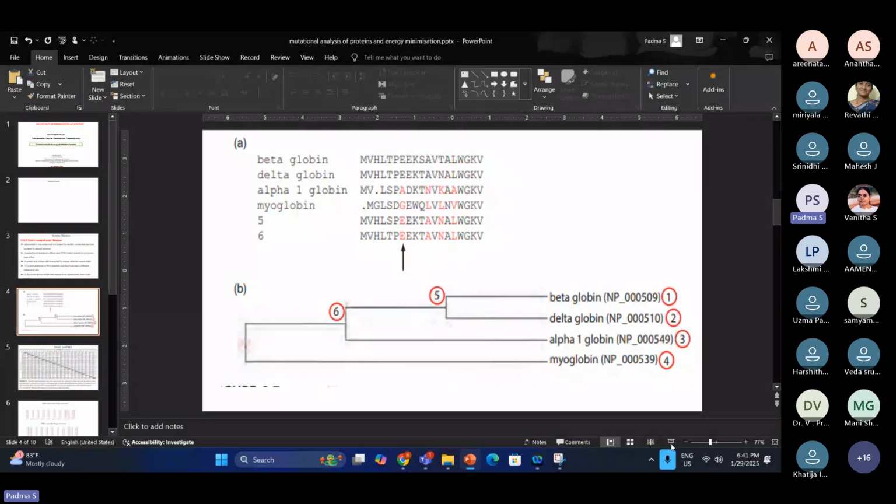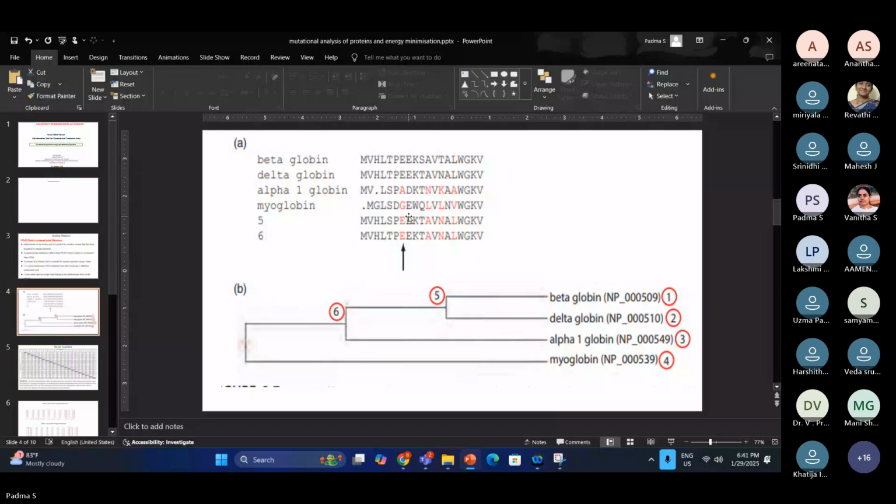So alanine is being replaced by glycine, or alanine is replaced by another amino acid with this E. What does E stand for? Amino acid E. Okay.